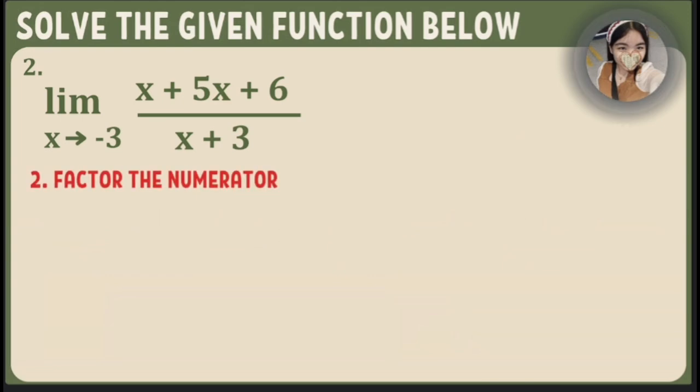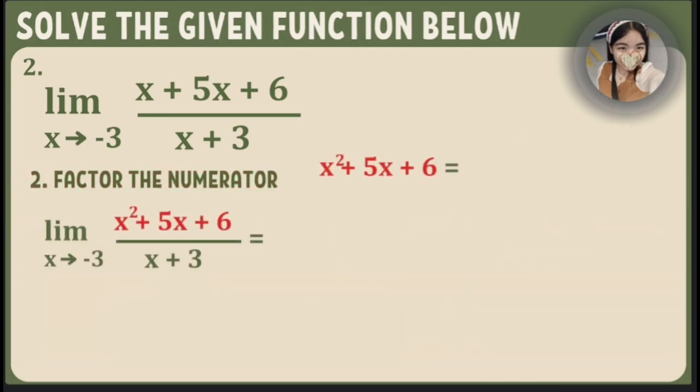To factor the numerator, we can see here this is our numerator's factored form, because if you add these two, positive 2 and positive 3, it gives us a positive 5, and if you multiply these two, it gives us a positive 6.